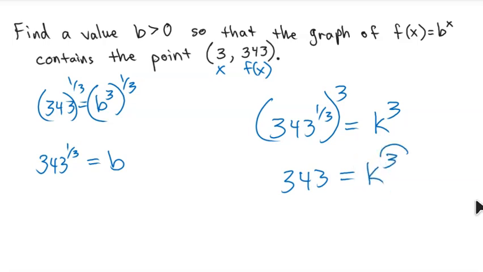Well, what number raised to the 3rd power equals 343? We saw in the introduction to exponentials that 7 to the 3rd power is equal to 343, so k must be equal to 7, and therefore b must be equal to 7. And that is the answer to this one.